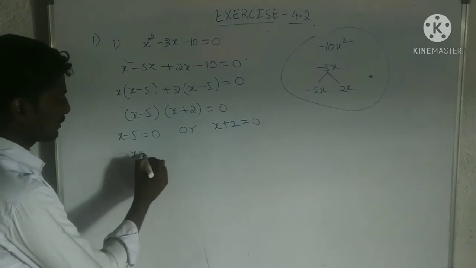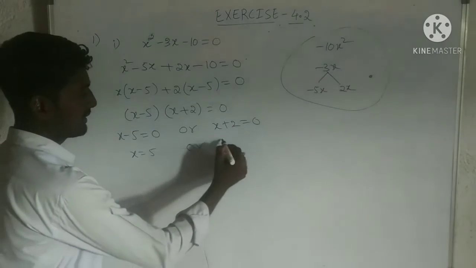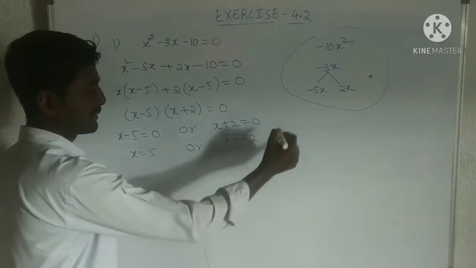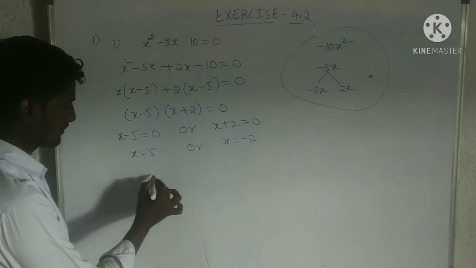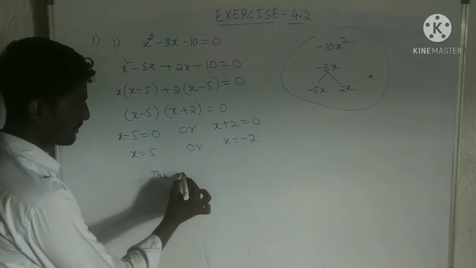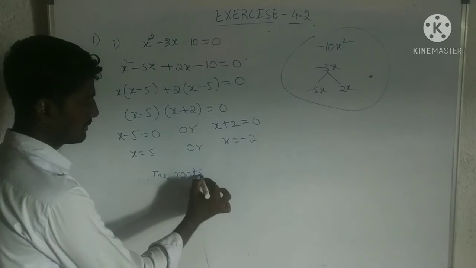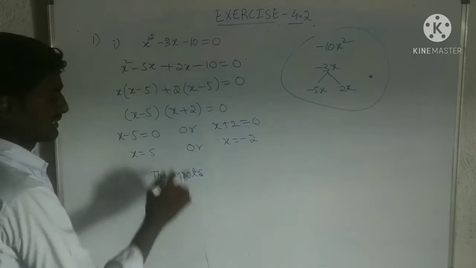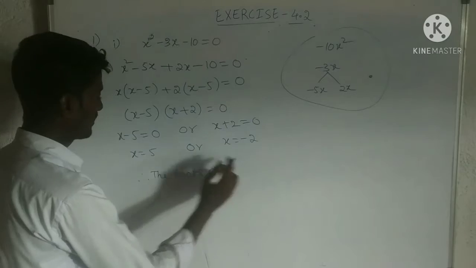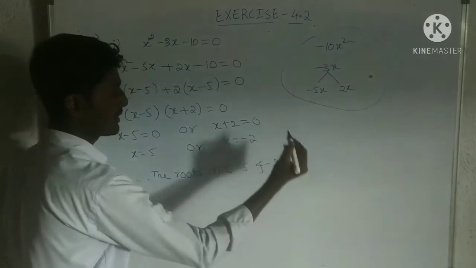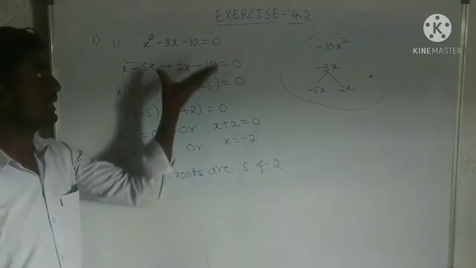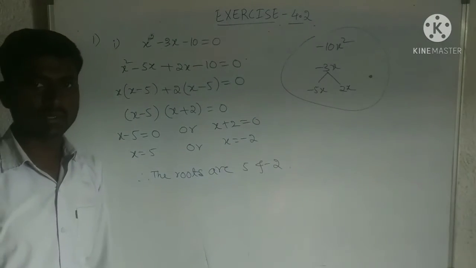Now x is equal to 5 or x is equal to minus 2. Here we got two roots. Therefore, the roots of this quadratic equation are 5 and minus 2. These are the two roots of the given quadratic equation.